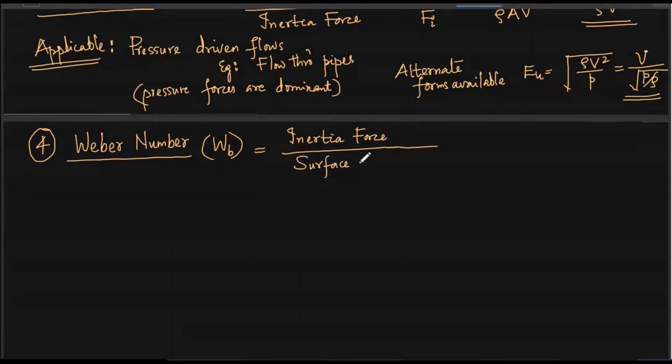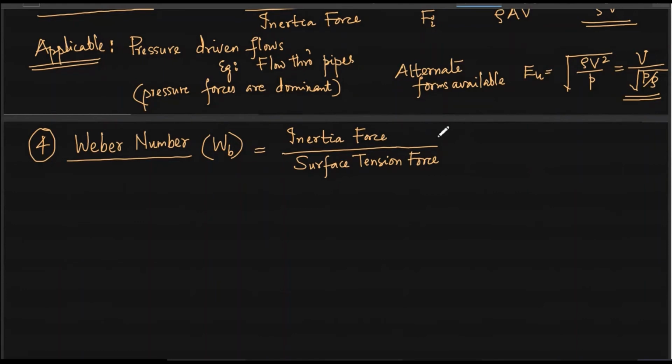So if somebody asks you what is the importance of this Weber number, immediately you can reply this is applicable in the flow context where surface tension force is dominant. So when surface tension force in the flow becomes very important, then Weber number is a prominent non-dimensional number that you can make use of.